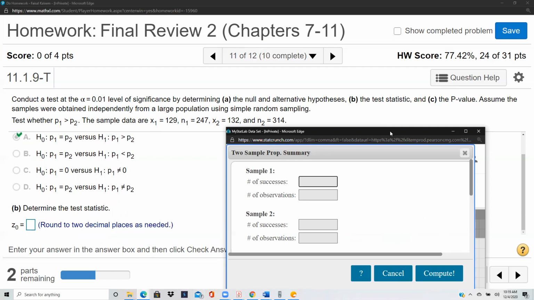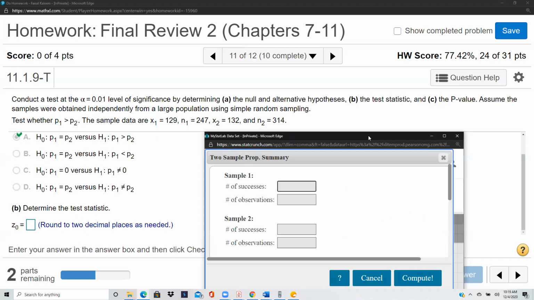Okay, now tell me the data here. What do I enter? So it would be 129 for the successes and 247 for the observations.